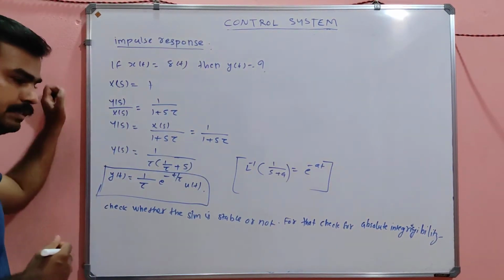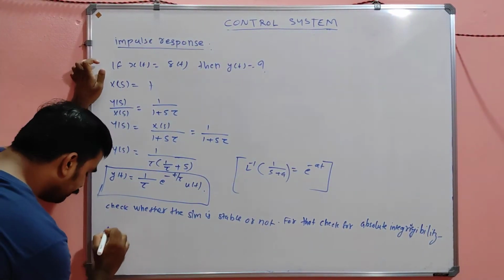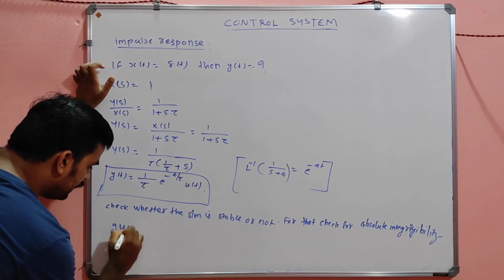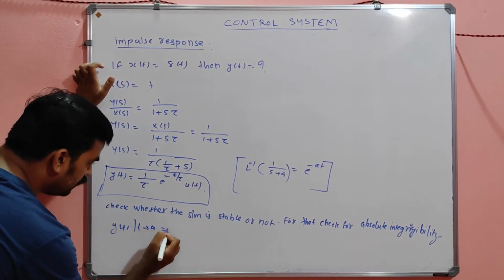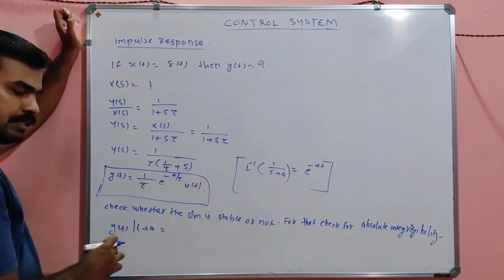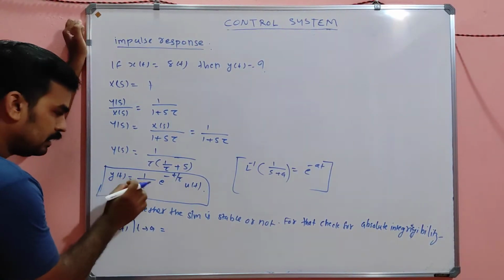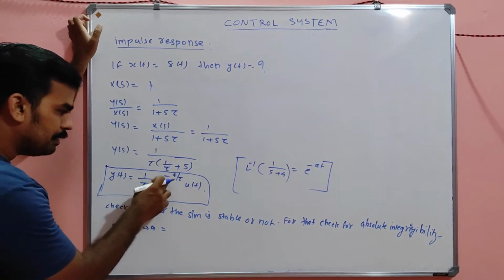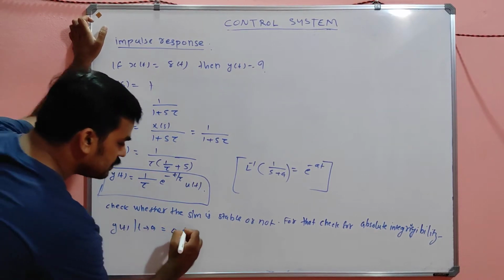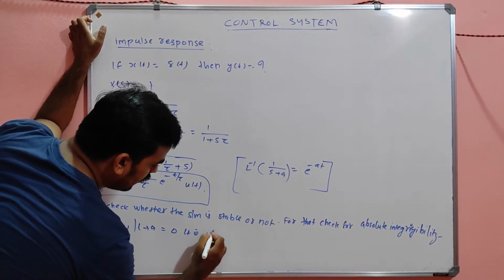Absolute integrability means, listen my dear, you have to find y of t at t tends to infinity. So this is y of t. When we put t equal to infinity, it becomes e raised to minus infinity, so it will become 0. If it is 0, it is stable.